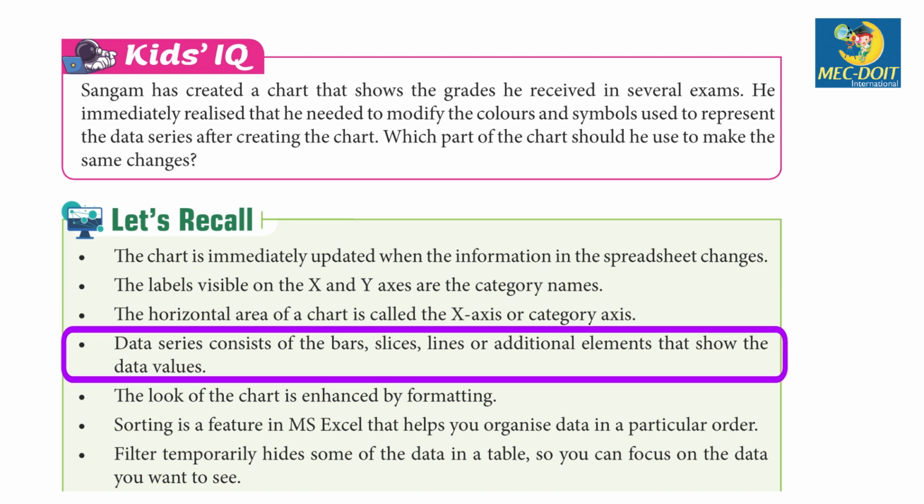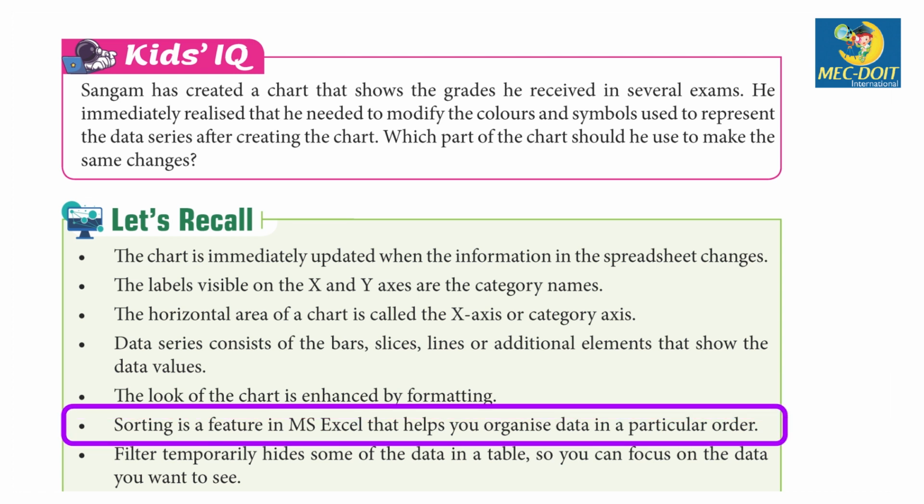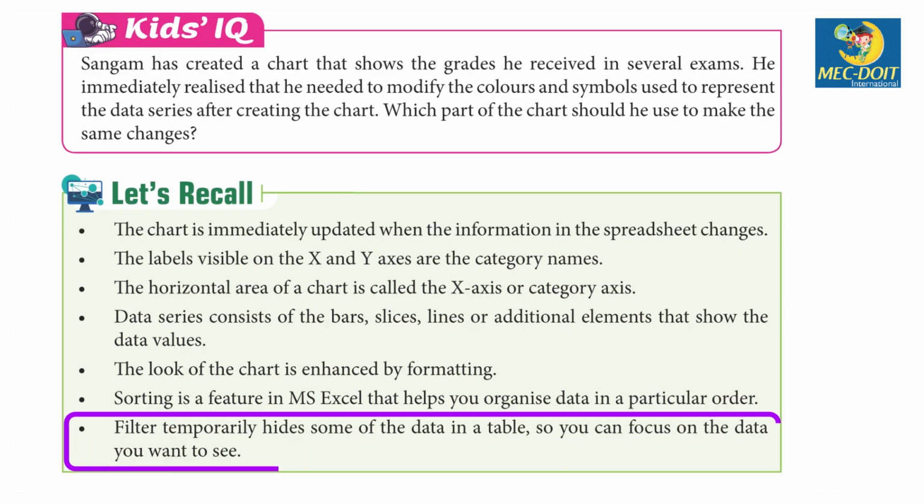Data series consist of the bars, slices, lines or additional elements that show the data values. The look of the chart is enhanced by formatting. Sorting is a feature in MS Excel that helps you organize data in a particular order. Filter temporarily hides some of the data in a table, so you can focus on the data you want to see.